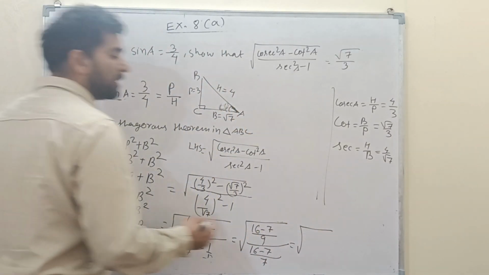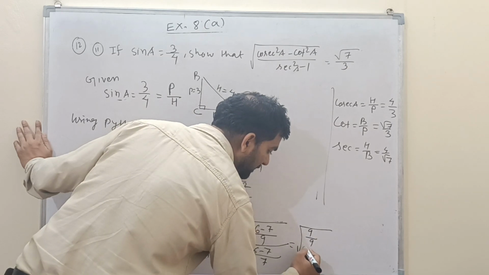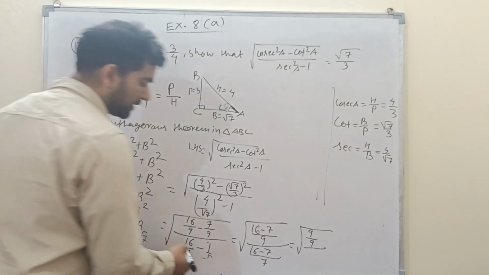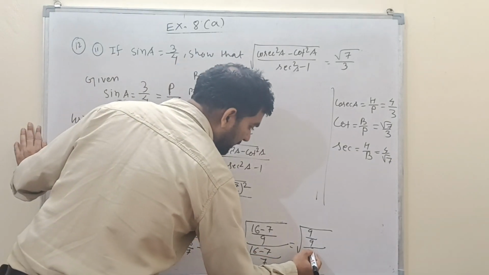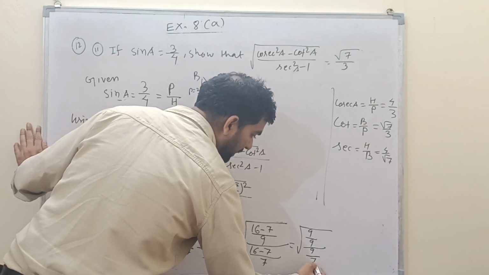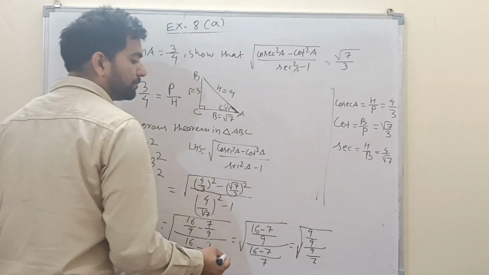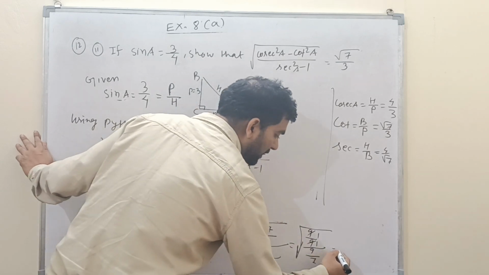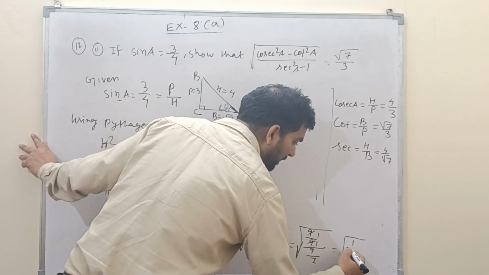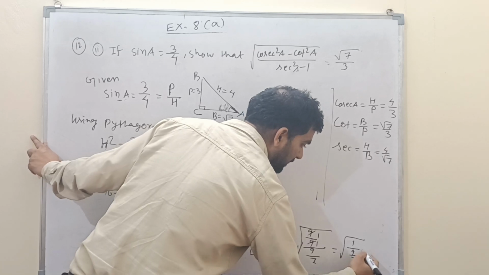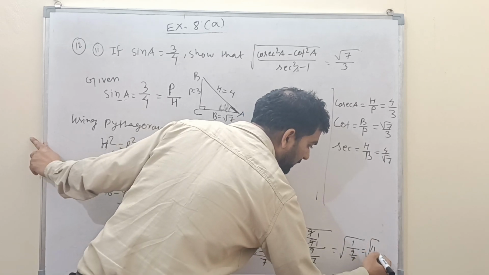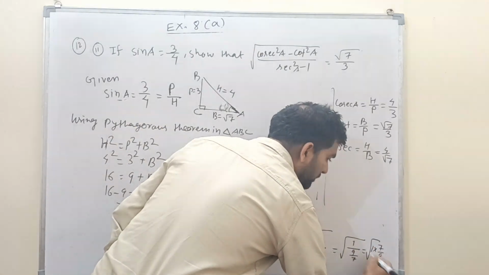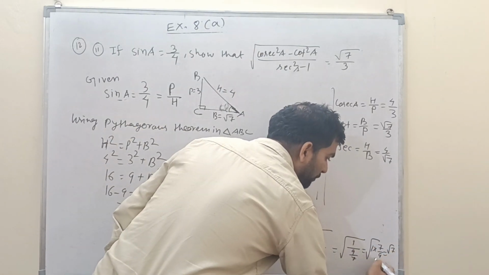So 16 minus 7 will be 9 by 9, and in the denominator 9 by 7. Now 9 and 9 cancel, so root over 1 by 9 by 7, which is root over 1 into 7 by 9. So root 7 will be root 7 and root 9 will be 3.